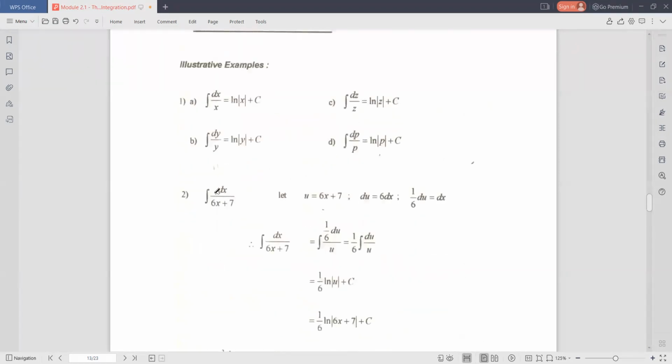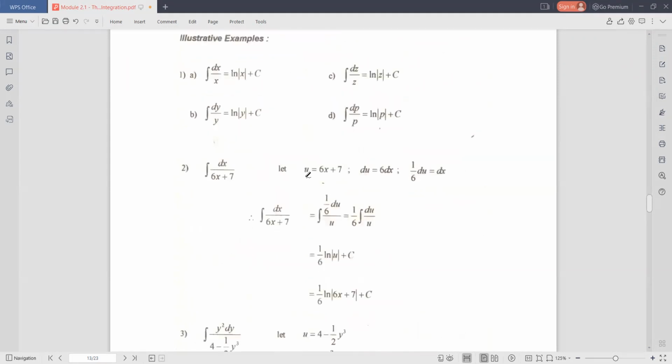How about this one? For example, we have dx over 6x plus 7. Here we apply the first general integral formula, using substitution for this case. We let 6x plus 7 be our u. Then we differentiate, that is 6 dx, so dx is 1/6 du.